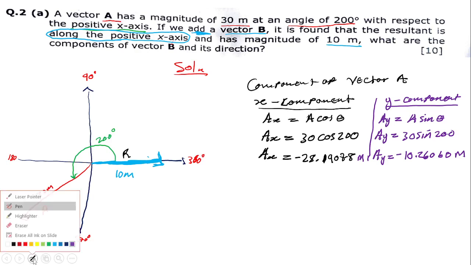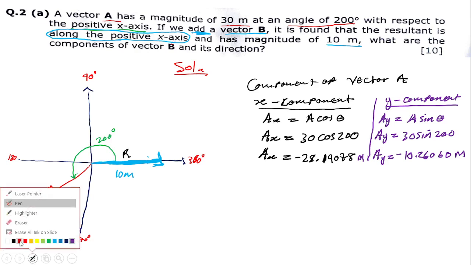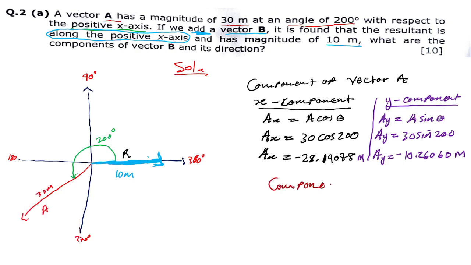After I look for the components of A, I can now look for the components of the vector R, which is just the resultant.